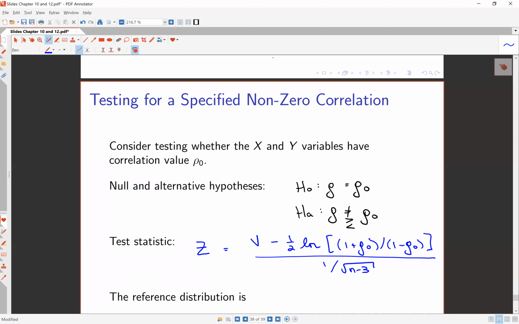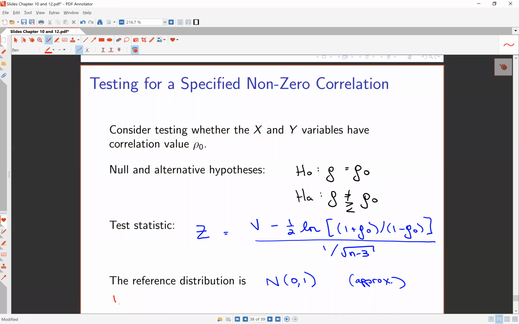And if this is the testing procedure that you follow, your reference will be a normal 0-1 distribution, approximately. This is a large sample result. So this does require that your sample size be at least 30 before you can implement this.